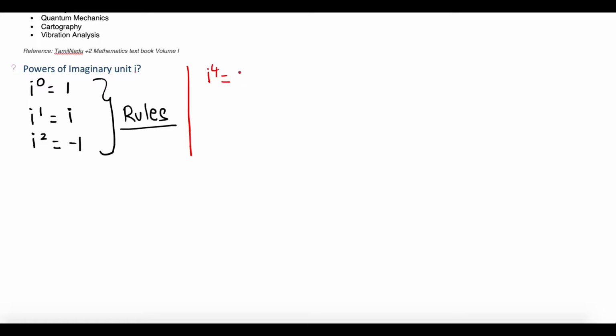I can write it as i square into i square. So what is i square? We already know the value of i square, which is nothing but minus 1 times minus 1. What is minus 1 into minus 1? It is plus 1. So i power 4 is nothing but 1.